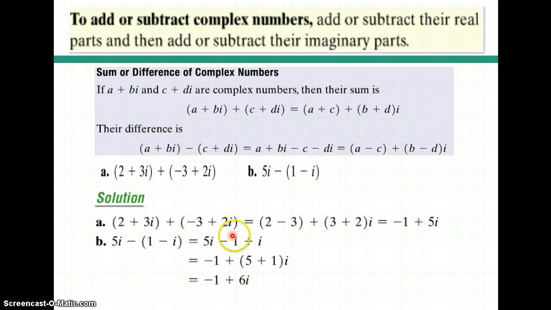Now there is only one real part, so we write minus 1. There are two imaginary parts here, 5i and i. So add them. We have 5 plus 1 times i. So we have minus 1 plus 6i.